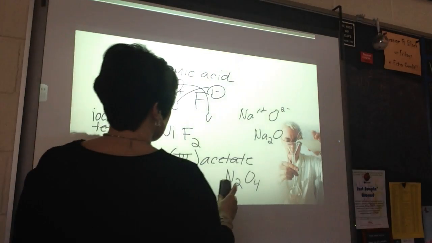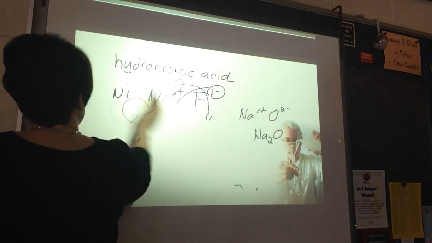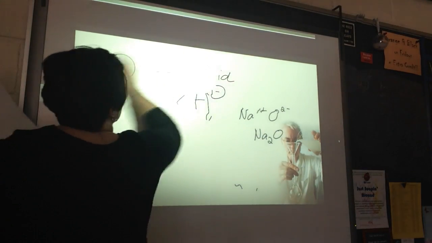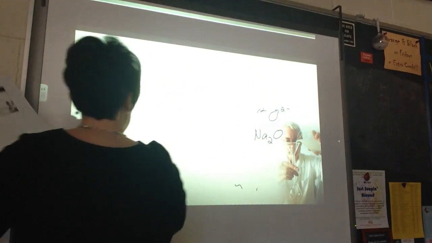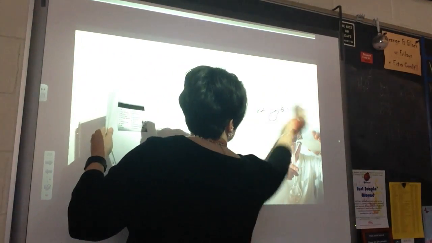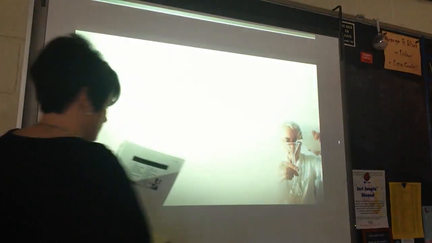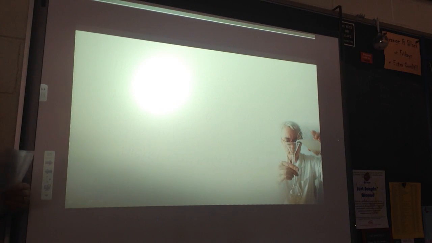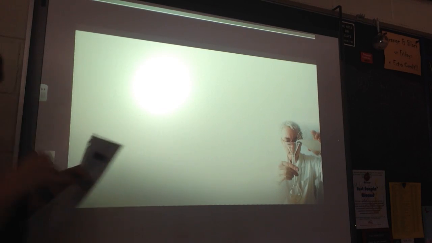Okay. Let me erase some of this. Okay. Where are we at? Number 7. All right, number 7. So, we know we're dealing with an acid, because it says acid. There's no prefixes in it, which means we have to crisscross, drop, and reduce.